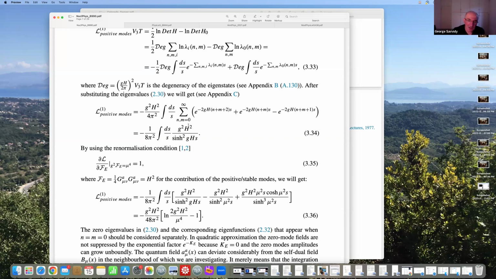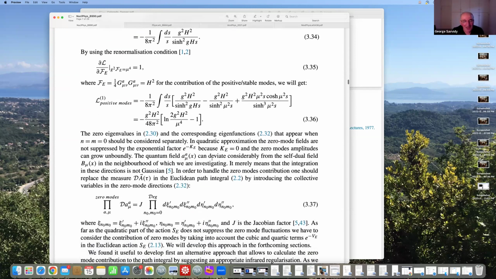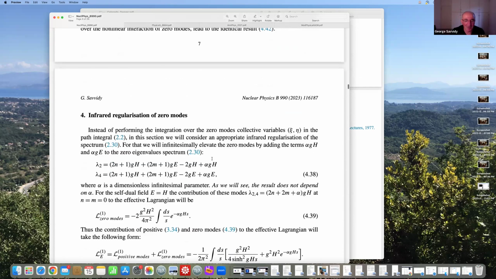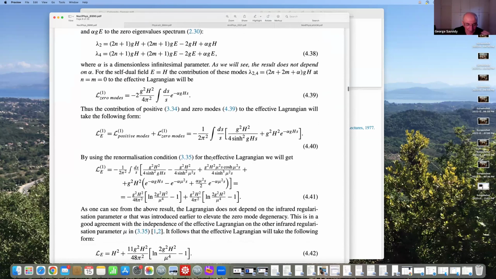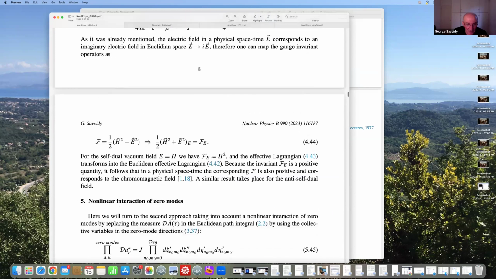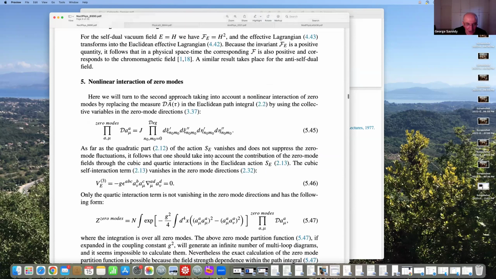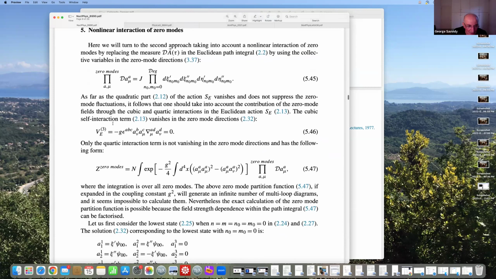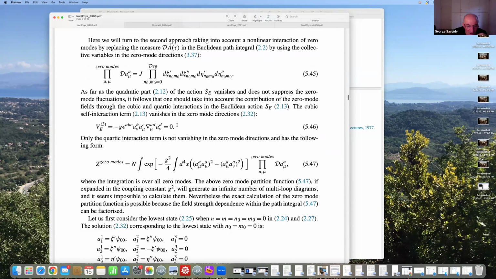But I think some lucky things happen. What is the lucky thing? I don't know if you clearly realize that this cubic term is equal to 0.